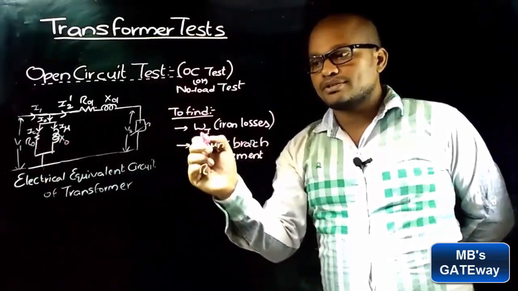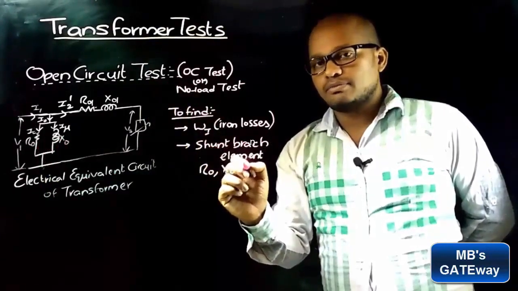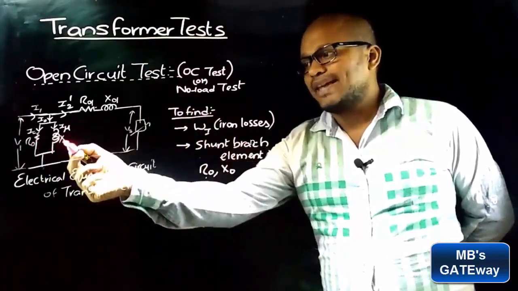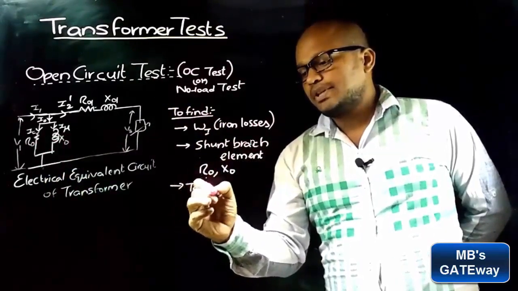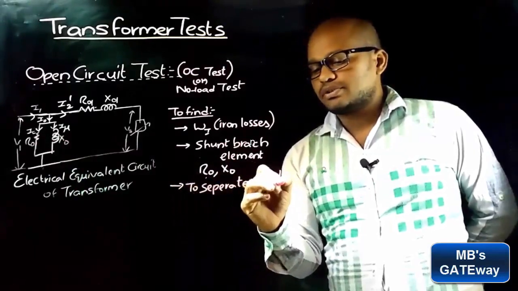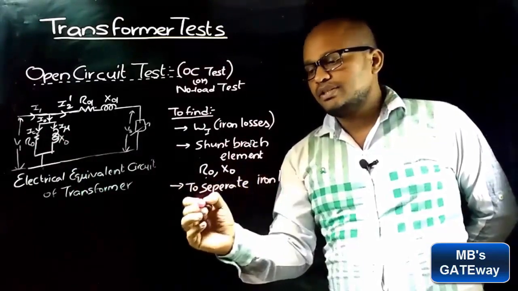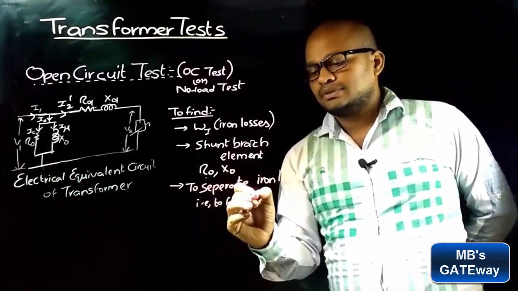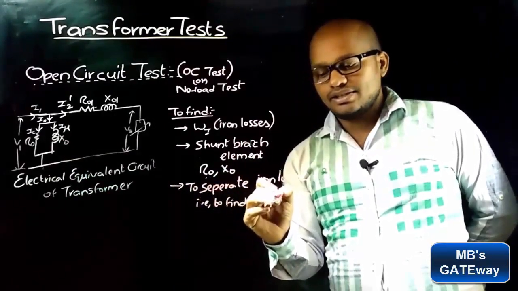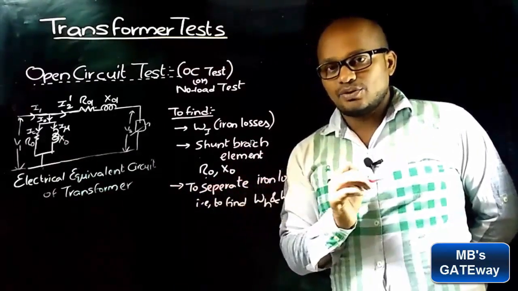So the open circuit test is also used to find the shunt branch elements R0 and X0, and to separate iron losses, that is, to find hysteresis losses and eddy current losses.